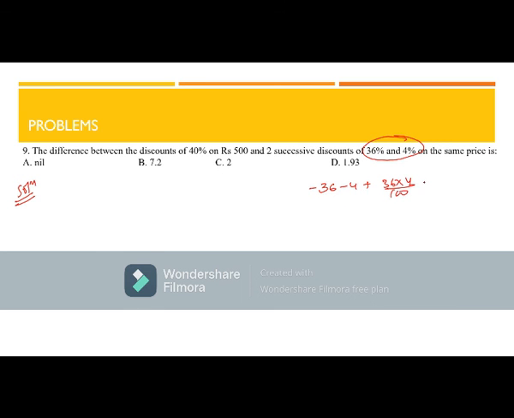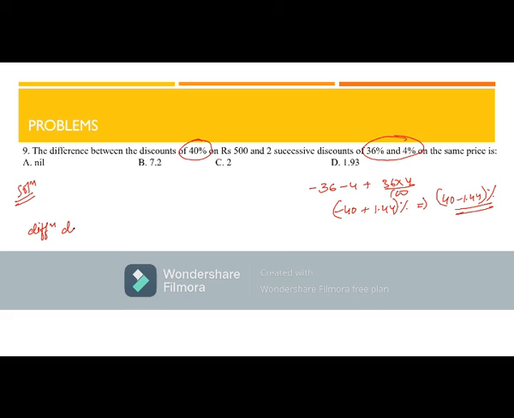So minus 40 plus 1.44 percentage. So in other words, the discount is 40 minus 1.44 percentage discount. And what was the previous discount? 40%.